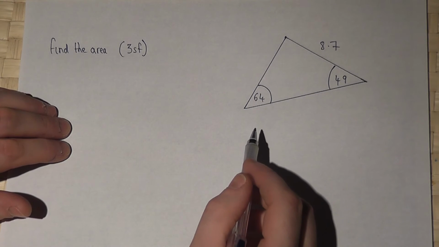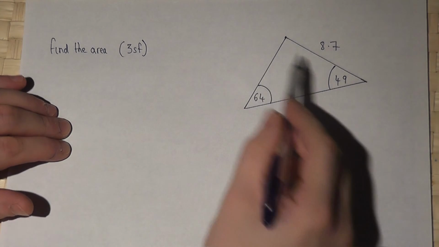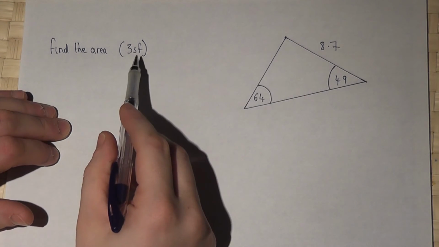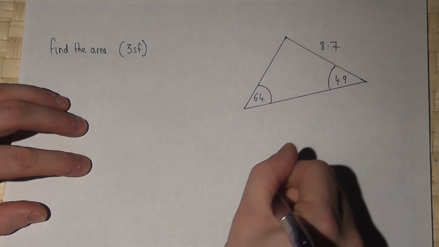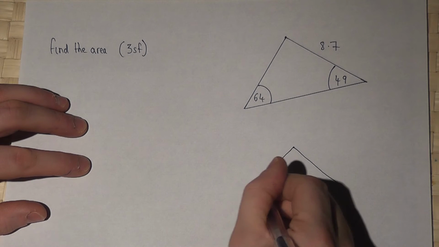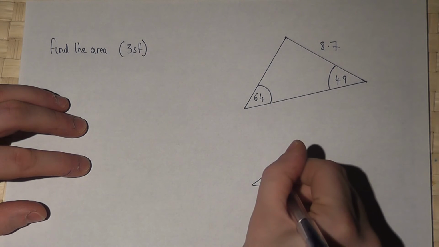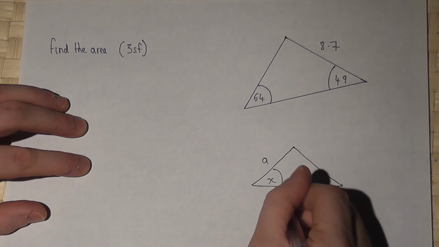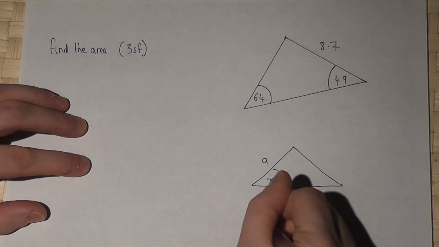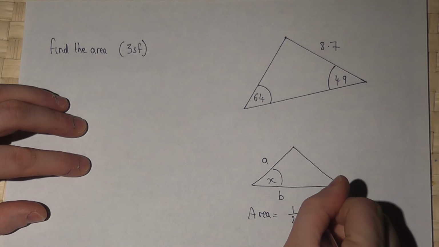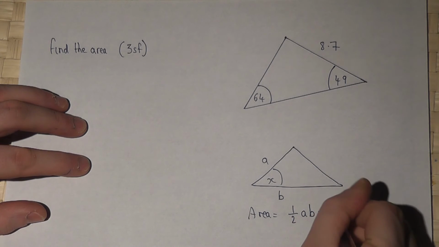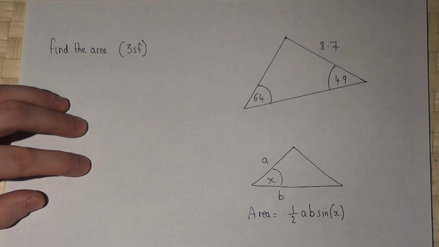This question asks us to find the area of this triangle, giving our answer to 3 significant figures. Now generally, if we know a triangle, and if we know an angle, and the two sides which form the angle, then the area will equal a half a times b times sine of the angle.